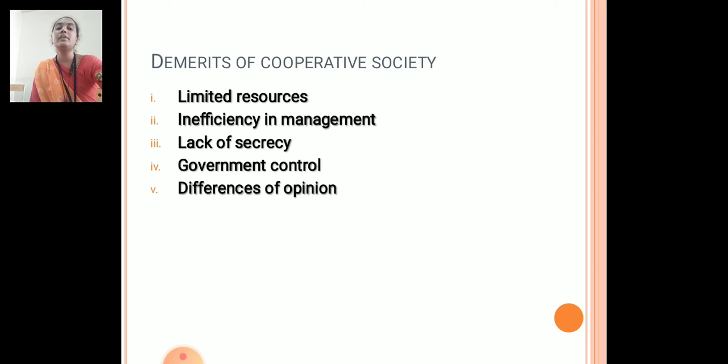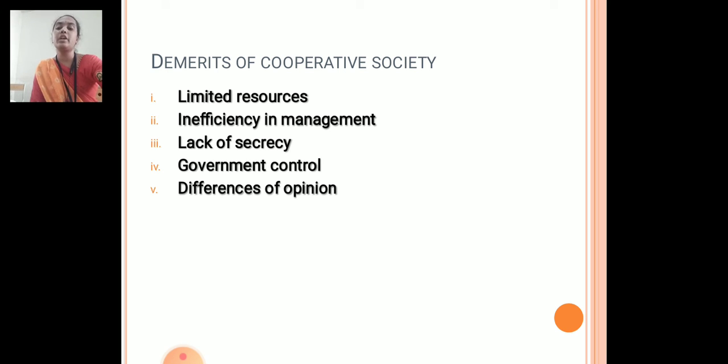So when the government is giving all sorts of benefits and privileges to the society, the society is also expected to comply with certain rules and regulations, especially with regard to auditing, that is, verification of the accounts. Transactions which are entered should have proper documentation that will be verified by the government, so submission of accounts has to be done. The control lies in the hands of the government because of the government support.